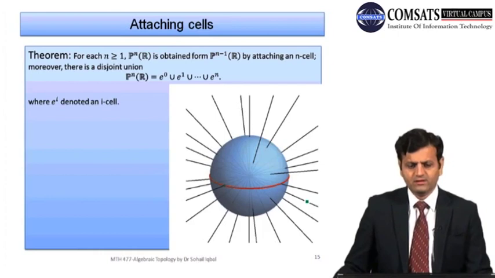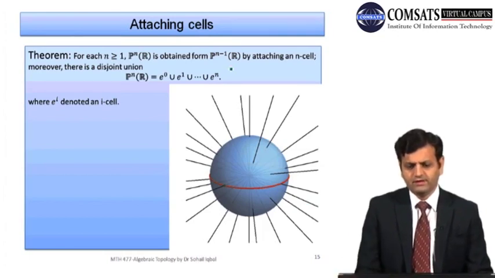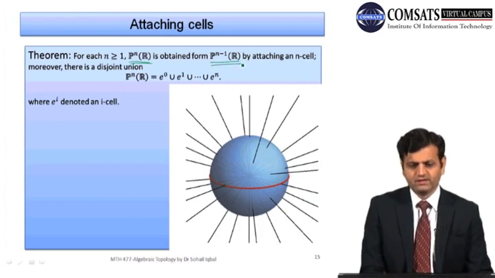So let's continue with the calculations of homology for higher dimensional real projective spaces. Remember that we can obtain an n-dimensional real projective space by attaching an n-cell to the (n-1)-dimensional projective space.